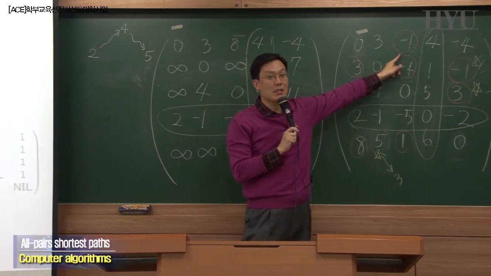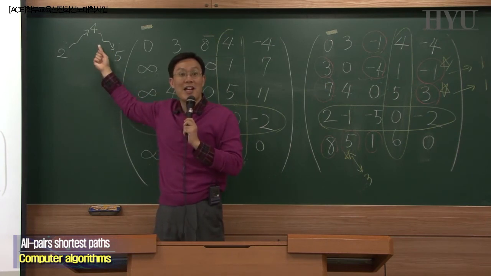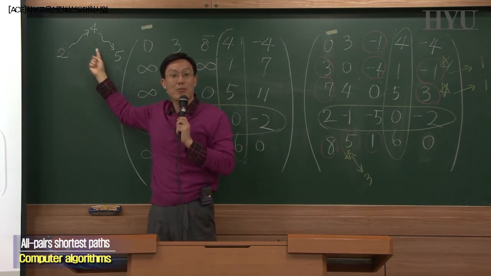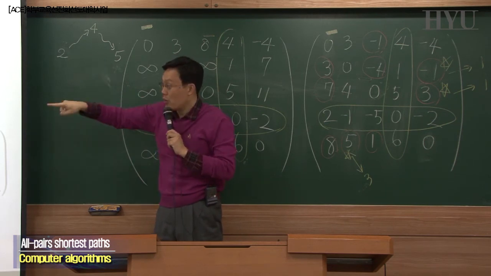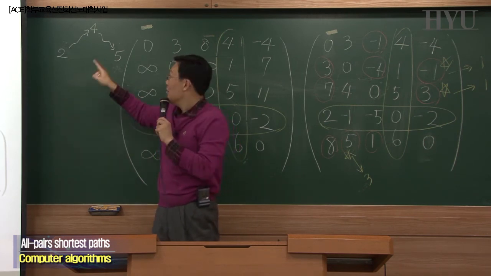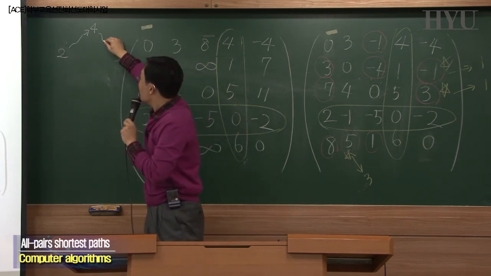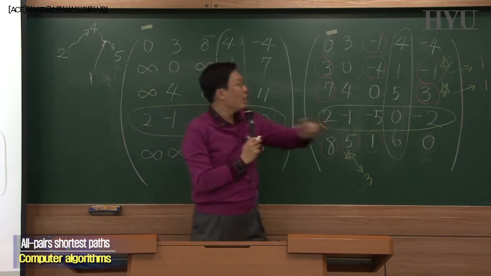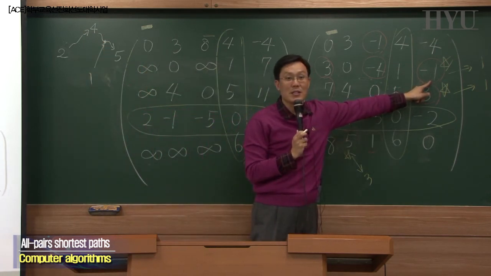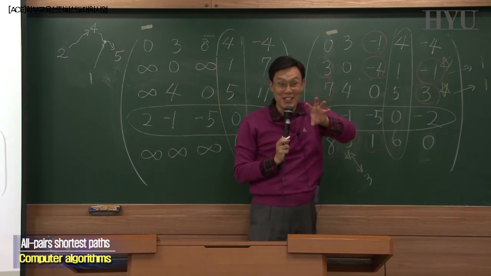In this case, fortunately, this was a direct edge. So 4 is the predecessor of 5. So 4 is stored. But in this case, the predecessor of 5 is 1. That's why we store 1 in this case. Okay, now you can understand.